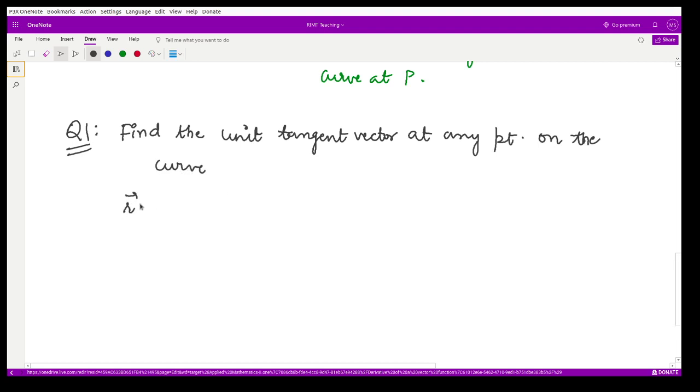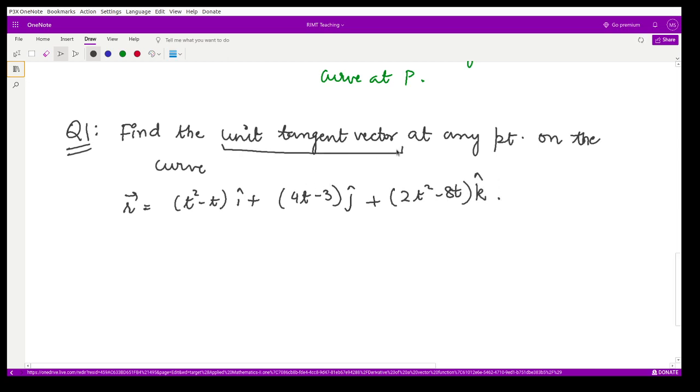The curve is given to you: vector r equals (t square minus t) i cap plus (4t minus 3) j cap plus (2t square minus 8t) k cap. You have to find the unit tangent vector at any point on this curve.